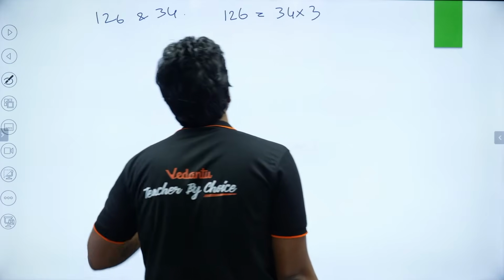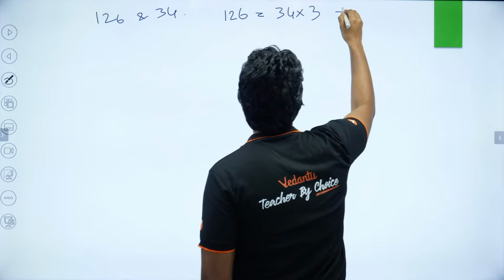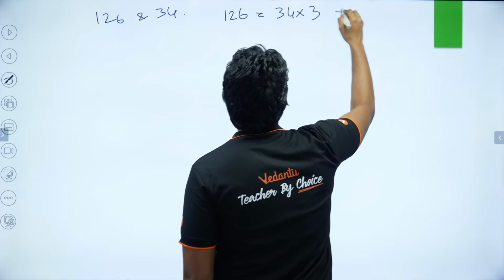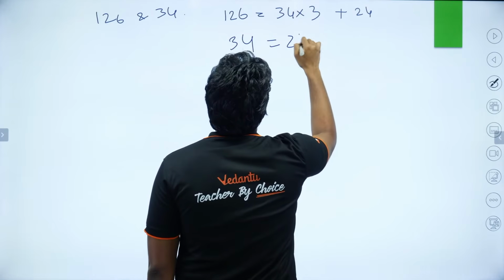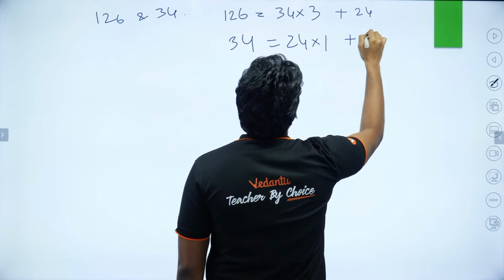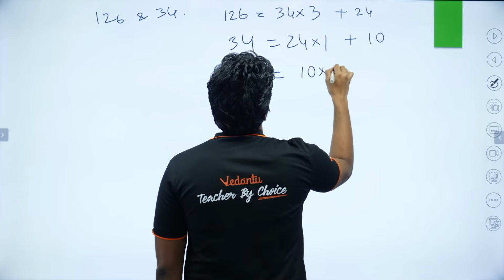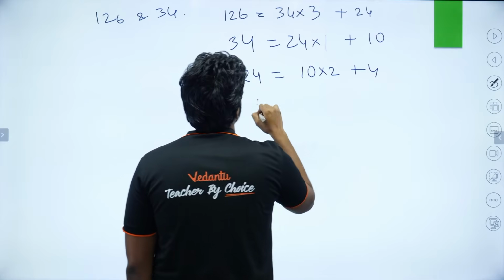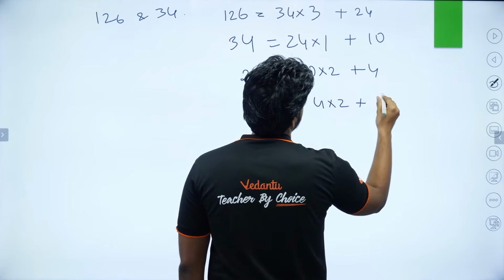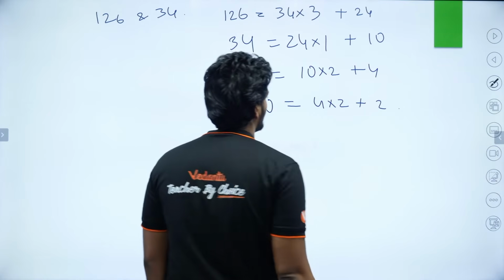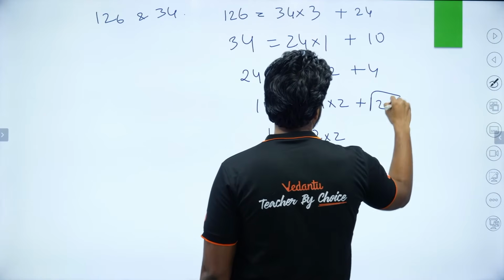If you take 3 times, it's 102, which leaves 24. So 34 can be written as 24 into 1 plus 10. 24 can be written as 10 into 2 plus 4. 10 can be written as 4 into 2 plus 2. So at the end 4 is equal to 2 into 2, and this 2 is the GCD.